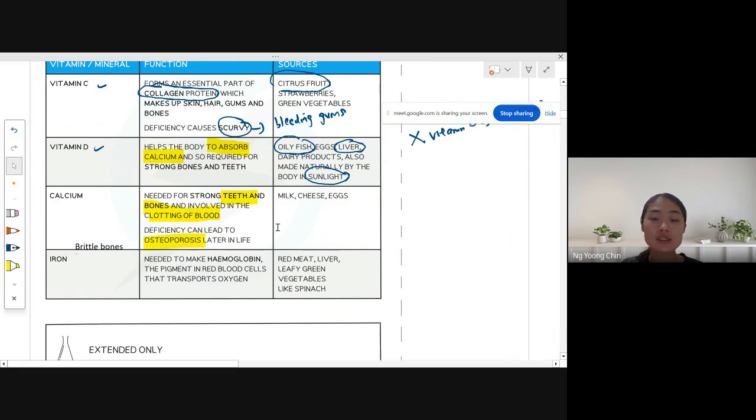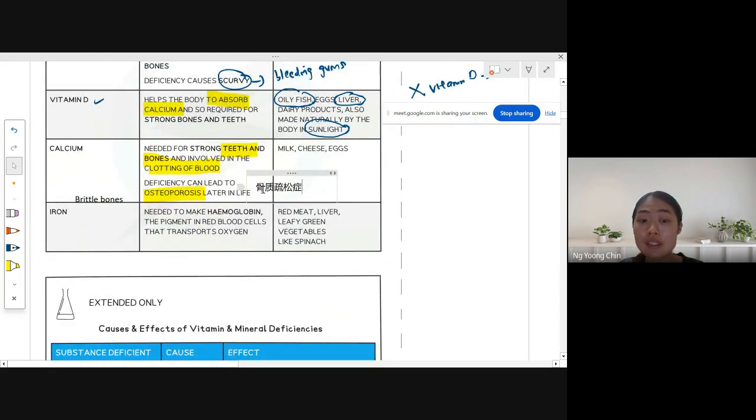In Chinese, the disease is called 骨质疏松症. That means you don't have enough calcium, so you are unable to form strong bones, and your bones break easily. Osteoporosis usually occurs more often in elderly adults.